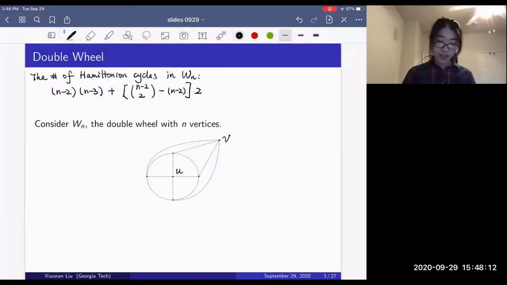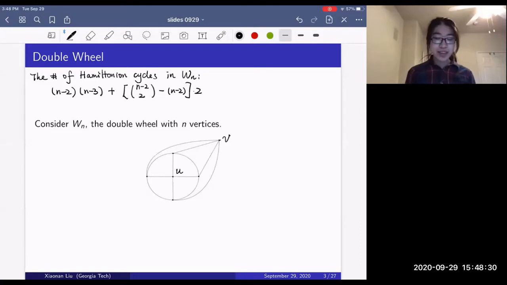We join these two vertices to all n minus 2 vertices in the cycle. Here this graph is W6, but we can have more vertices in the cycle.